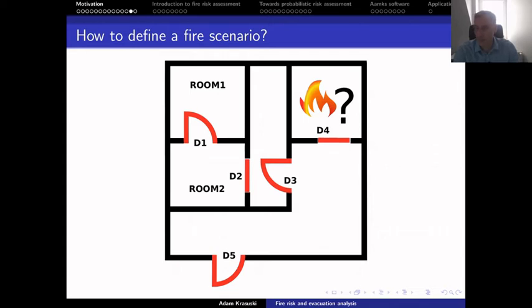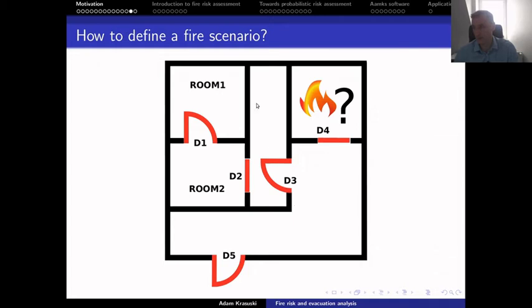Behind each fire scenario, there are consequences. So let us assume that if we define the scenario for each of these rooms, excluding the corridor, we have no fatalities, or the calculated fractional effective dose is at the marginal value. But for the fire in the corridor, we have fatalities.